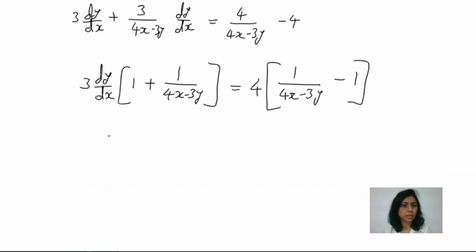Now 3 dy upon dx, and we can simplify this bracket.